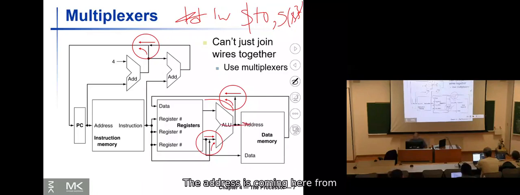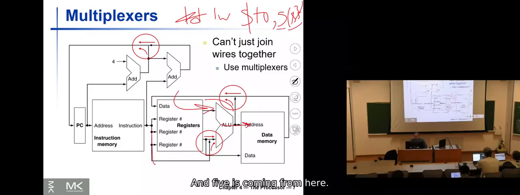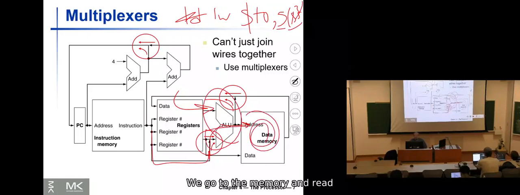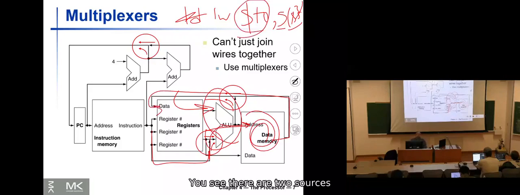The address is coming from adding S3, which is coming from the register file, and 5, the immediate, which is coming from here. They are added together, the address goes to the data memory, and then we load it. We go to the memory and read. The value is going to be written to T0 in the register file. So you see, there are two sources that we need for writing to a register, okay?